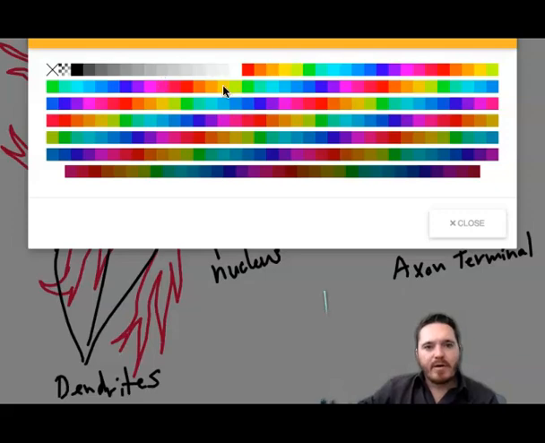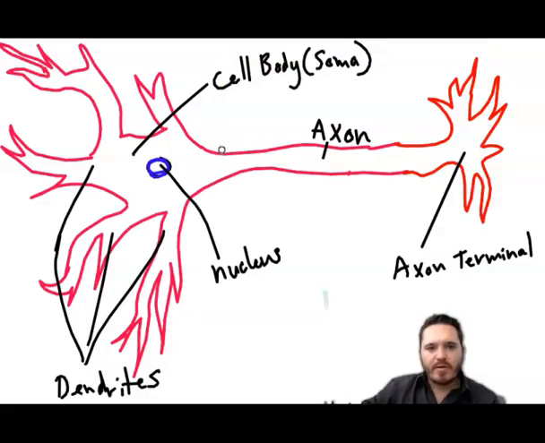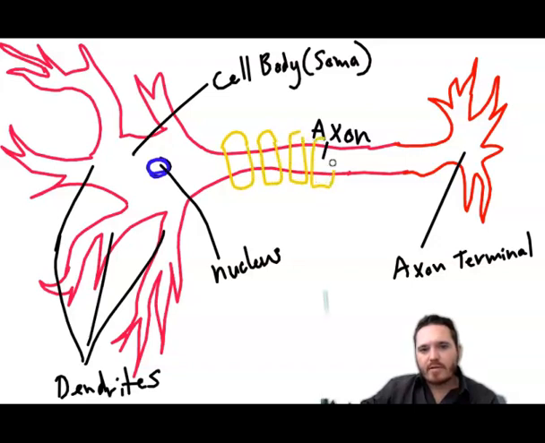Okay, and then some other things that you will be learning about in relation to these neurons is there's some covering, a fatty covering that is all along the axon here, known as the myelin, specifically the myelin sheath.